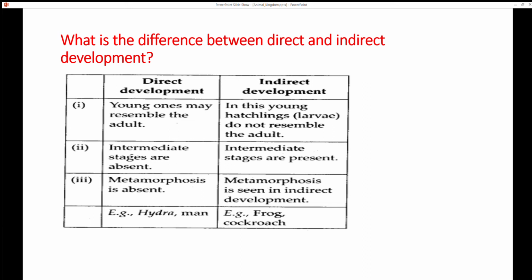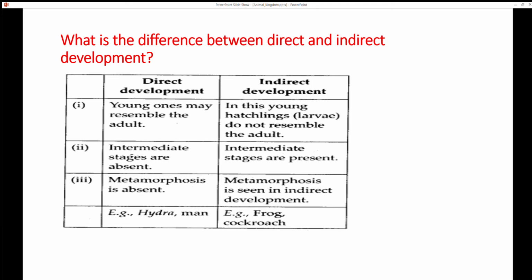Intermediate stages are absent in direct development, whereas it is opposite in indirect development: intermediate stages are present. In direct development, directly from egg, the adult will come.